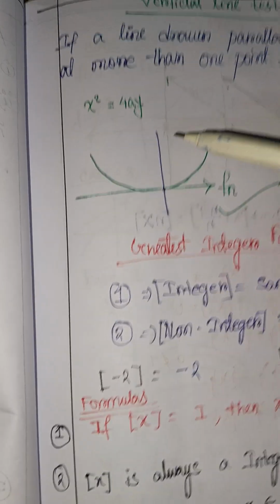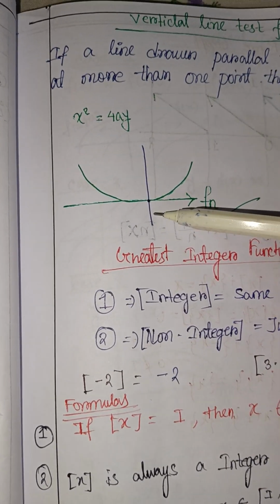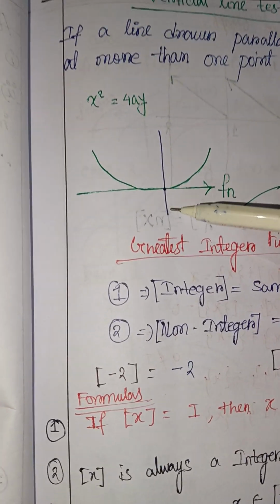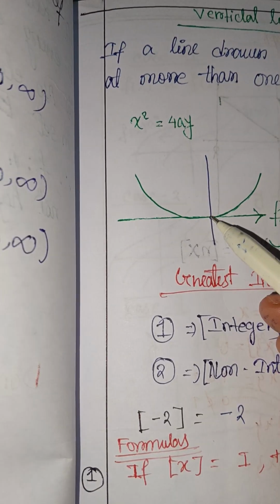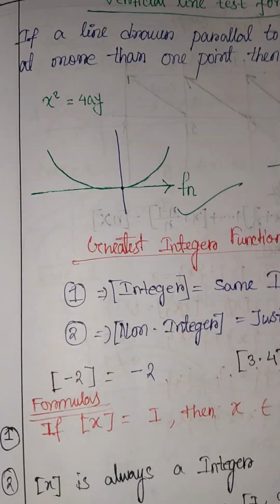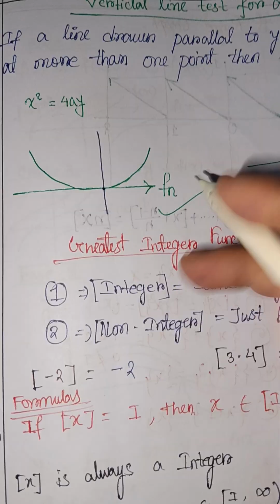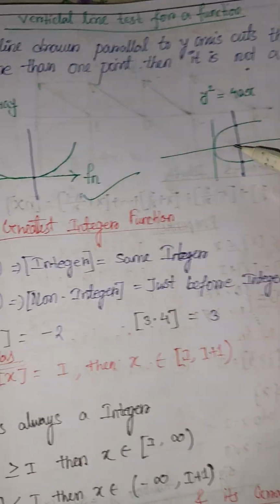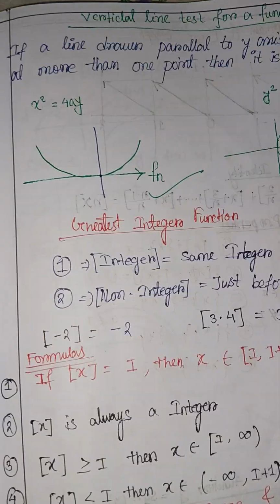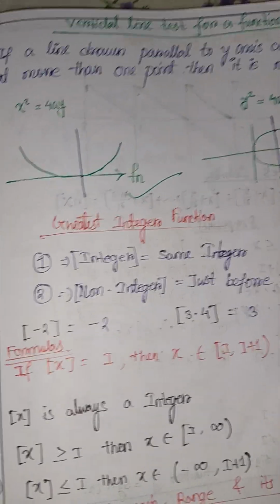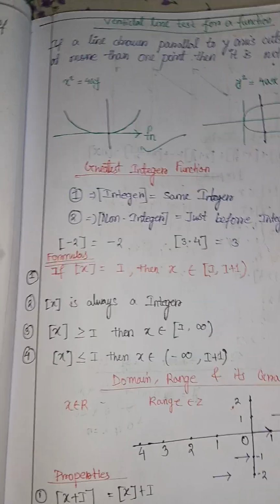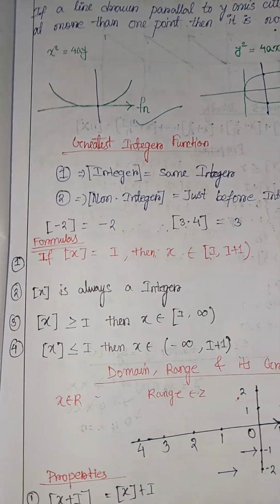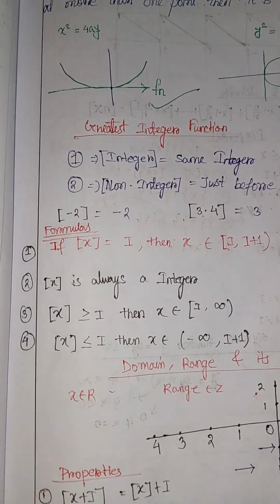But for x square is equals to 4ay, the parallel line that I cut, the graph cuts only 1 point, so that's called a function. So there are so many types of examples. I just need some two between all of examples just to make the concept clear. Okay, so definitely जो तुम्हारा टेक्स्ट बुक है उसमें से definitely cover कीजिएगा. बहुत सारे टॉपिक्स और है, बहुत सारे एग्जाम्पल्स और है.